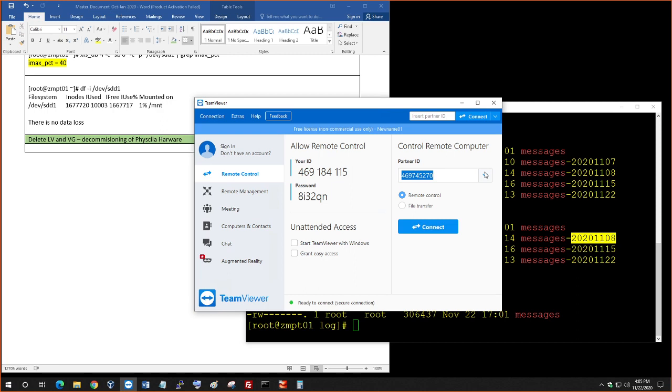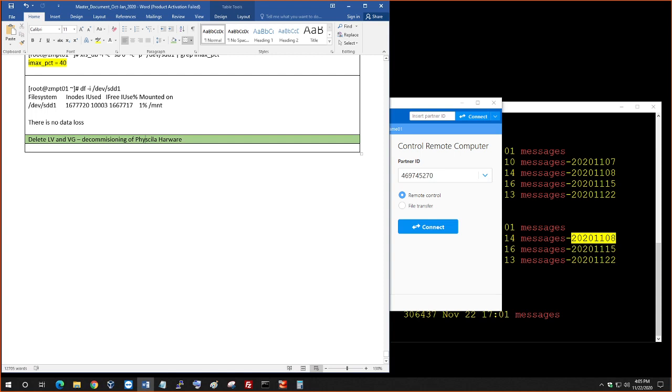Okay, so let's move forward. So you have a decommission on your hand. What you have to do is run these commands here to take it out. Before that, you have to delete the logical volume.